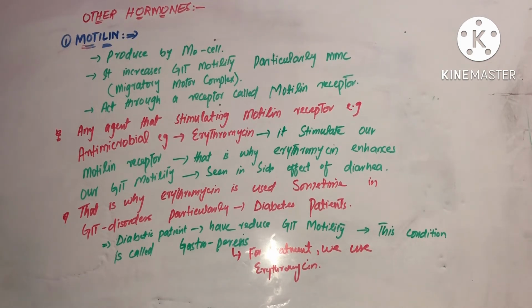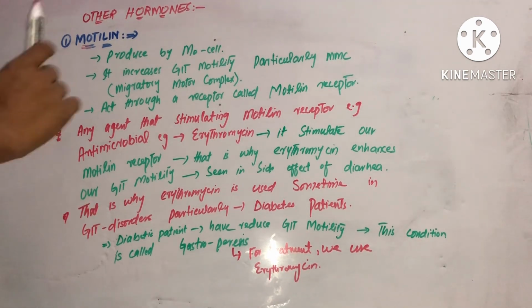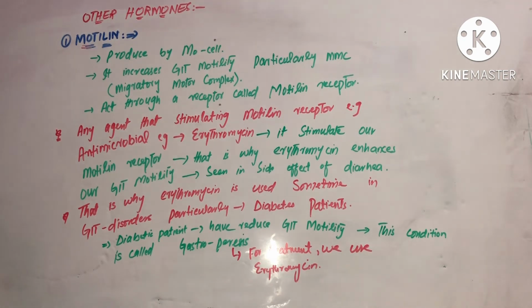So erythromycin is an antimicrobial agent that stimulates the motilin receptor in order to increase GIT motility. That is why erythromycin is sometimes used in GIT disorders, particularly in diabetic patients. Why? Because diabetic patients have reduced GIT motility due to the diabetes.